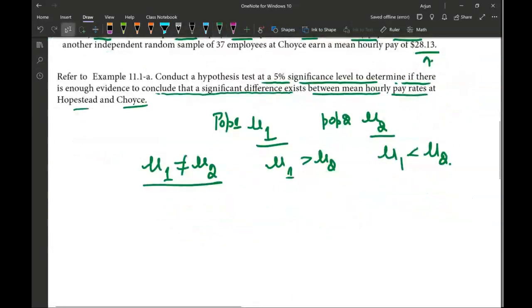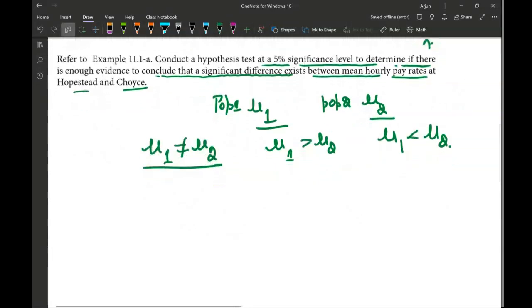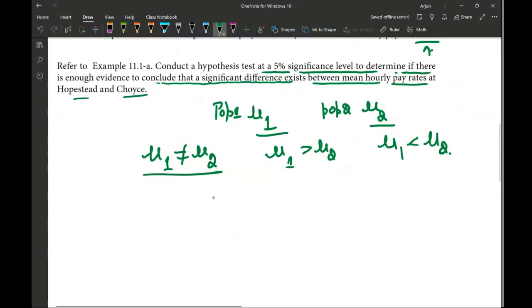All right, so let's try and solve this question. Now, because we are conducting a hypothesis test, I need to write down the hypotheses. So the null hypothesis, whenever we are solving a question like this, H0 will always be that mean one is equal to mean two, or I can say mean one minus mean two is equal to zero. Both ways are correct.